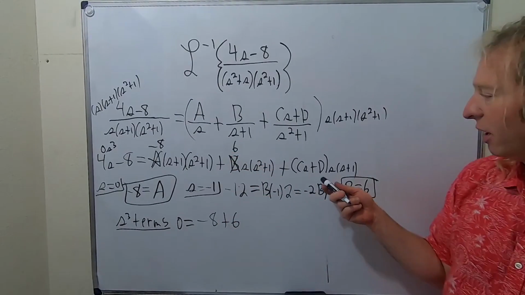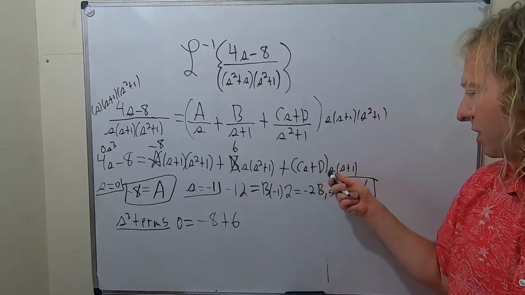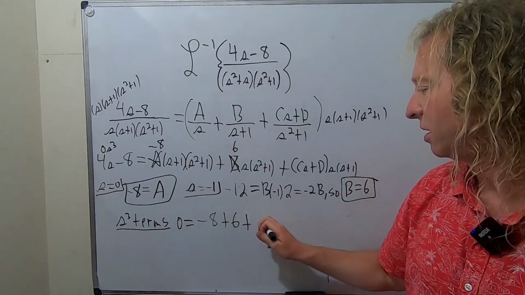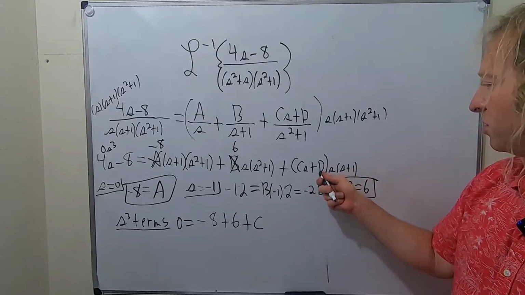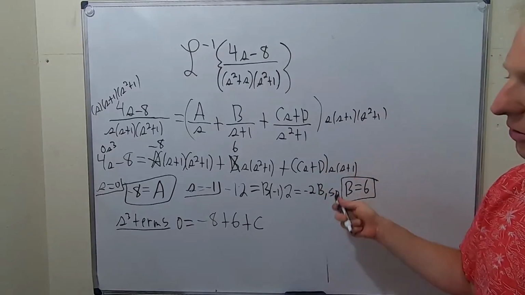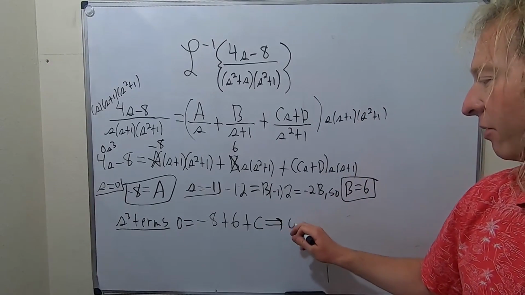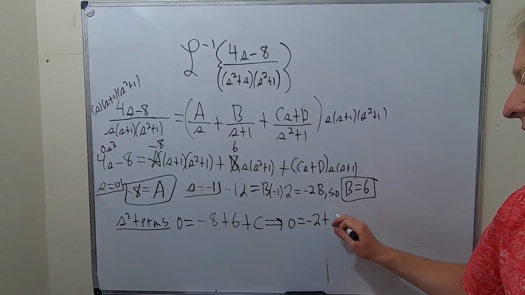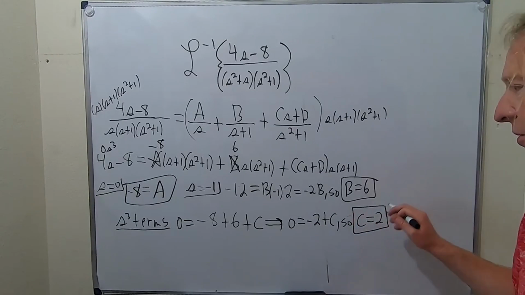And what about here? Let's see, can we use the c? Yes, we can. We can take the c, take the s, take the s. So plus c. Can we use the d? ds squared. Nope, fails. So we have 0 equals -2 plus c. So c is equal to 2. That gives us c equals 2.